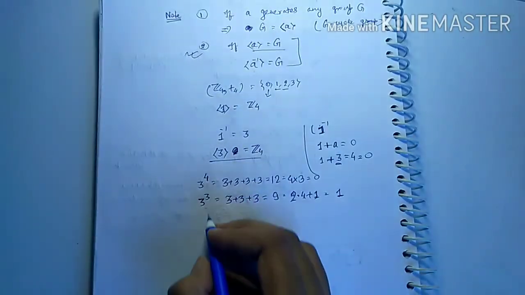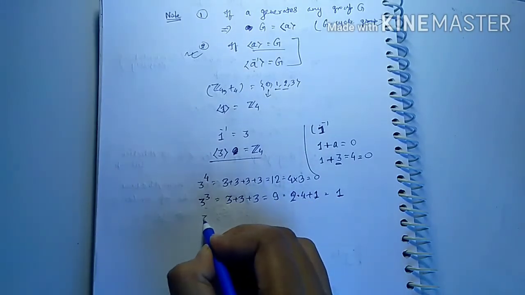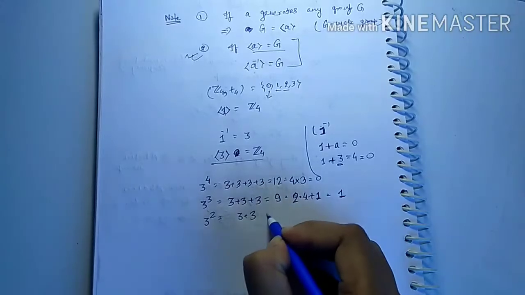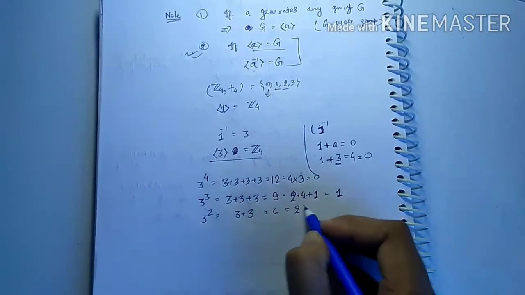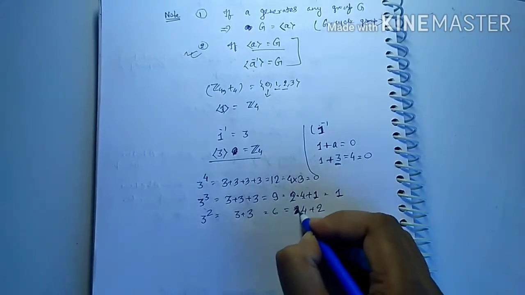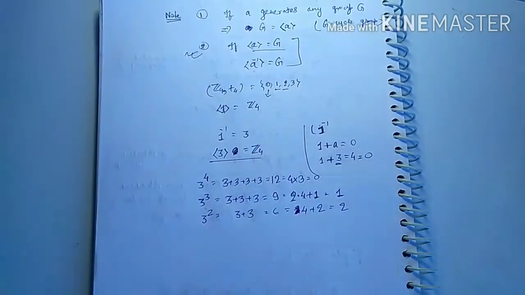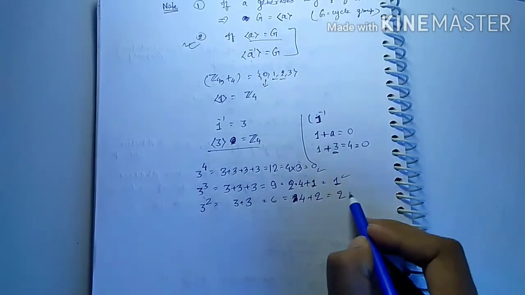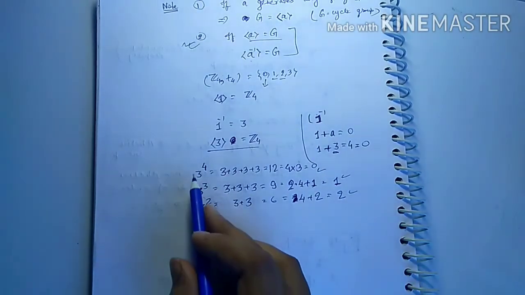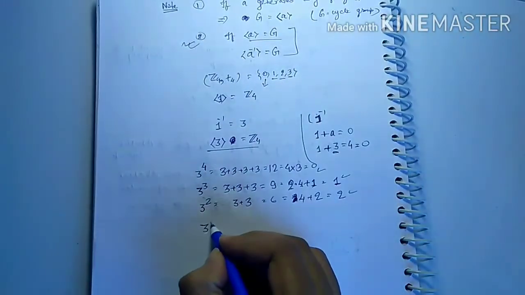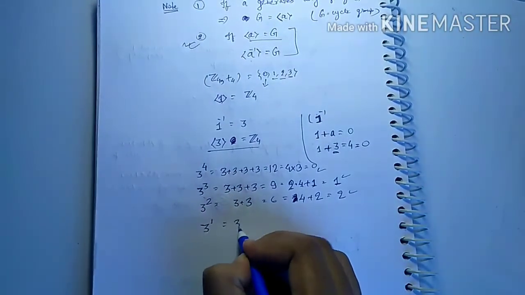If we want to generate the element 2, then 3 squared, 3 plus 3, is 6, it is 4 plus 2, and it is equal to 2 in this group. So 0, 1 and 2 are generated by 3. Now lastly 3, it is very simple, 3 raised to the power 1 is 3.